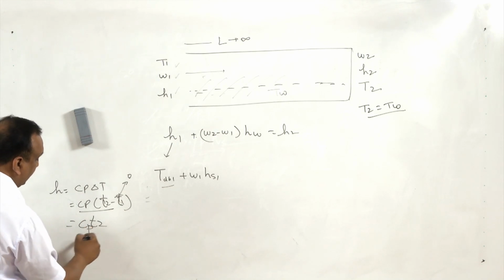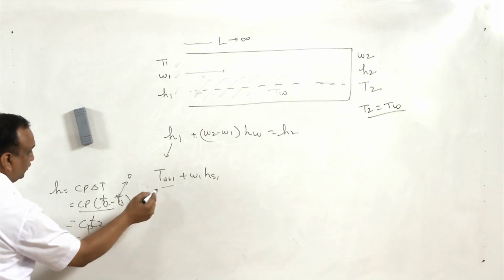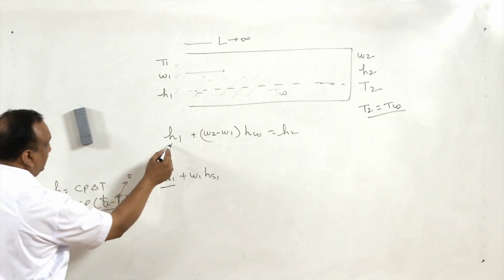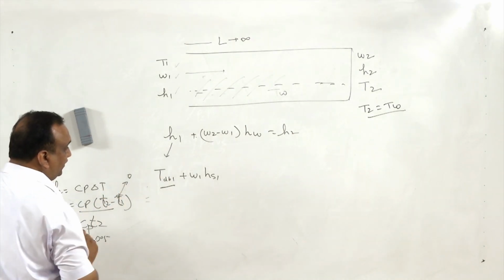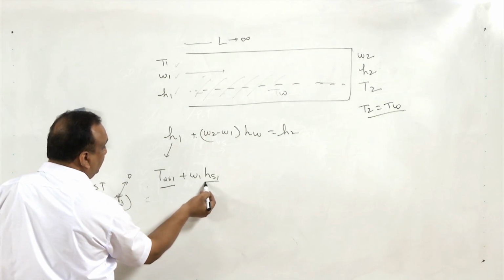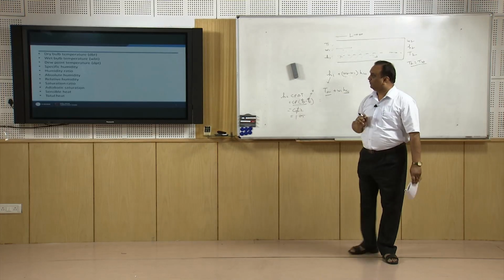Now, Cp for air again we are assuming 1, though it is 1.005. So with Cp for air as 1, the enthalpy at this temperature is going to be TdB1, plus the specific humidity multiplied by the enthalpy of saturated vapor. Now, why are we taking the enthalpy of saturated vapor?